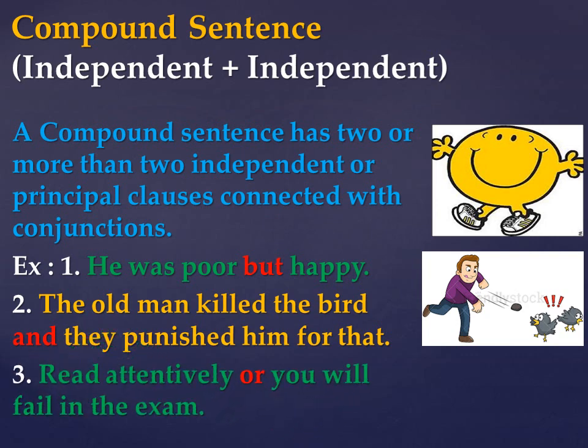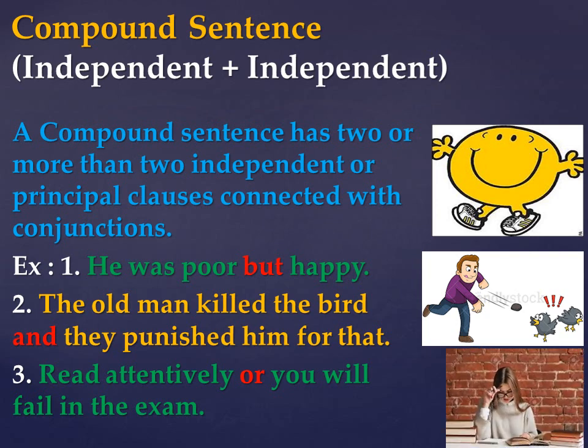Next, the last sentence. Read attentively or you will fail in the exam. Here, read attentively is a principal clause and an imperative sentence. Or you will fail in the exam.